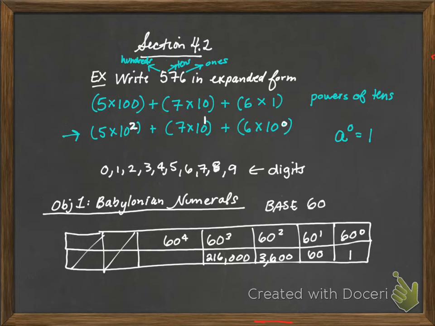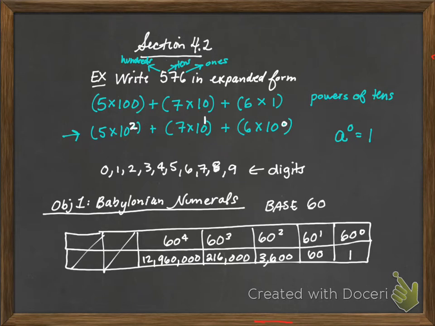And then 60 to the fourth is 60 times 60 times 60 times 60, which gives me 12,960,000. I know I placed 60 to the 5th and 60 to the 6th in your notes, but we're not going to have to convert anything that high, so that's why I just crossed them out.